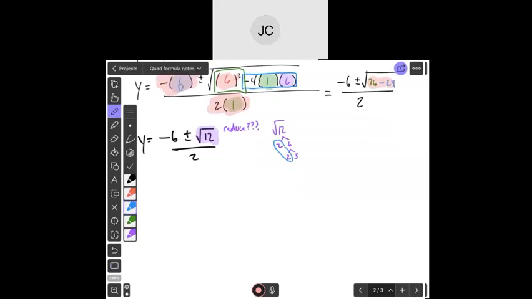So we've got a pair of buddies of 2s, and we've got a lonely 3. What happens if you're a buddy? You go outside the radical. So we've got 1 group of 2s, which means we get one 2 out. That's a 4 that turns into a 2 as we square root it. And if you're lonely, what happens? Inside. Yeah, stay inside.